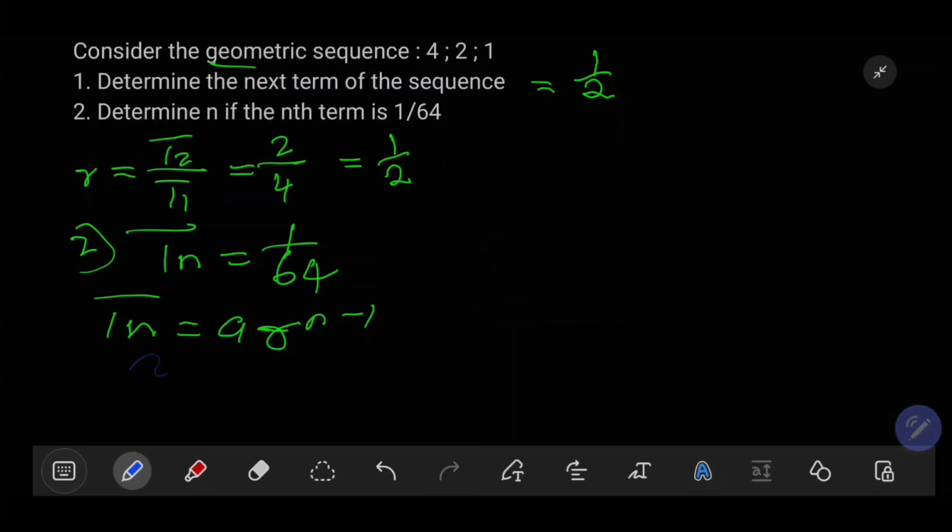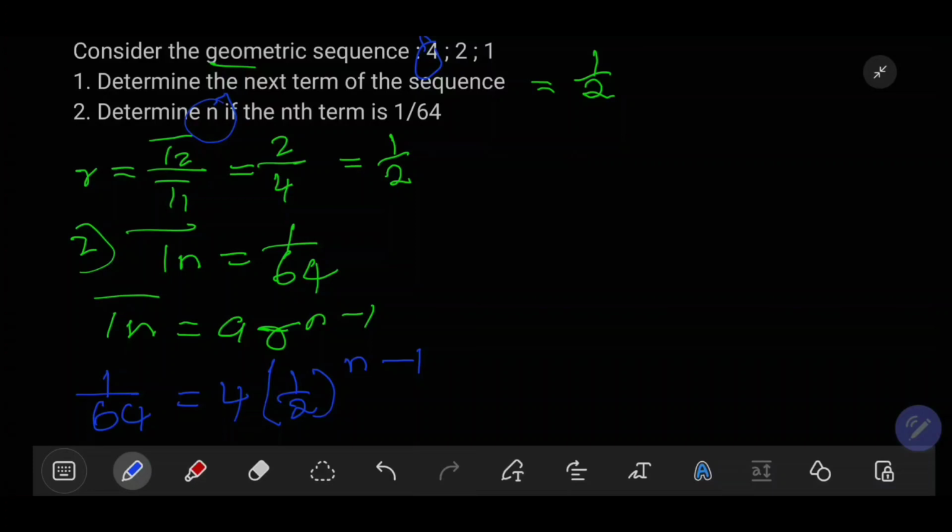So our Tn in this case is 1 over 64, which is equal to our a value, the first term, 4, then our r value is 1 over 2, exponent n minus 1. Remember, we're looking for n. We want the position of this value.